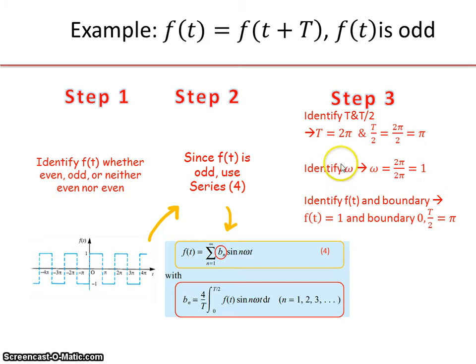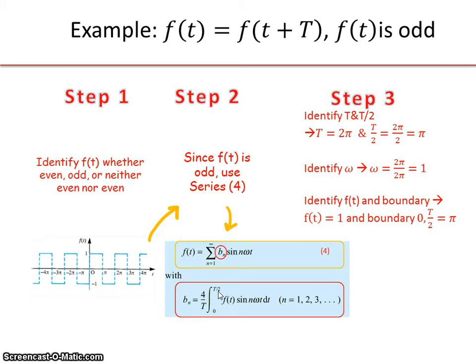After that, we can find the omega. The omega can be defined with the relationship of 2 pi over T, where here, since T is 2 pi, then omega equals 1. After that, we need to identify what is the f(t) and the boundary. In this case, we only consider the f(t) for the boundary of 0 to T over 2 only.